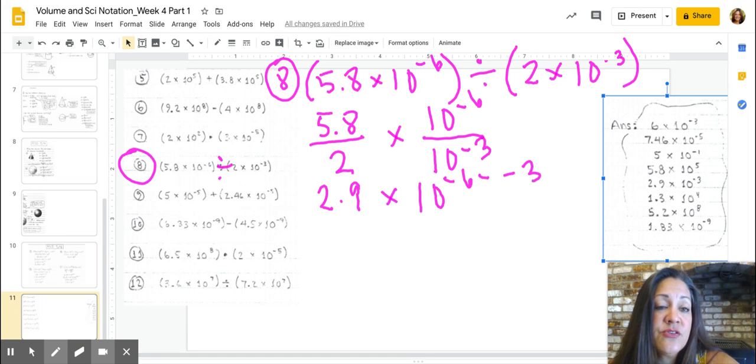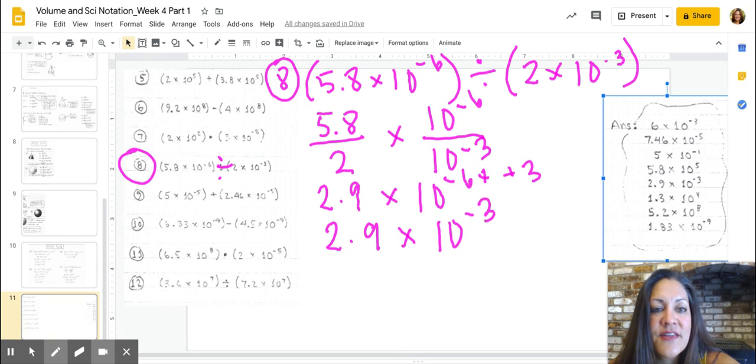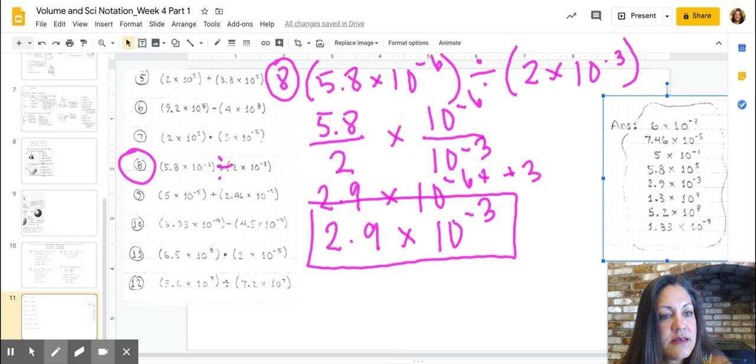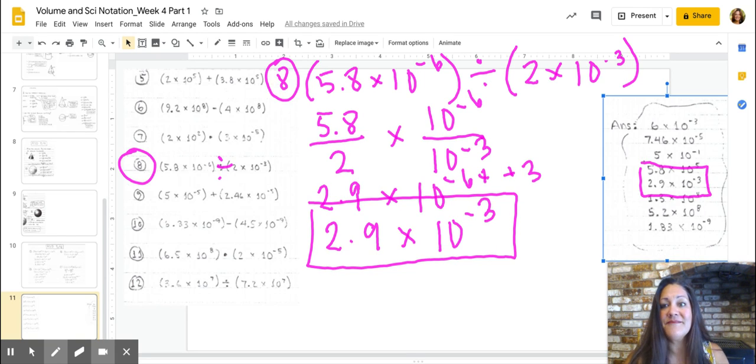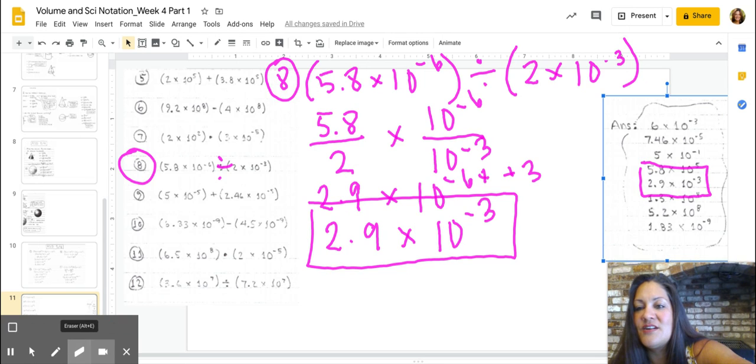Okay, so we have 2 negatives here. 2 negatives make a positive. So that gives us an answer of 2.9 times 10 to the negative 3rd. And there it is. Okay. Moving on.